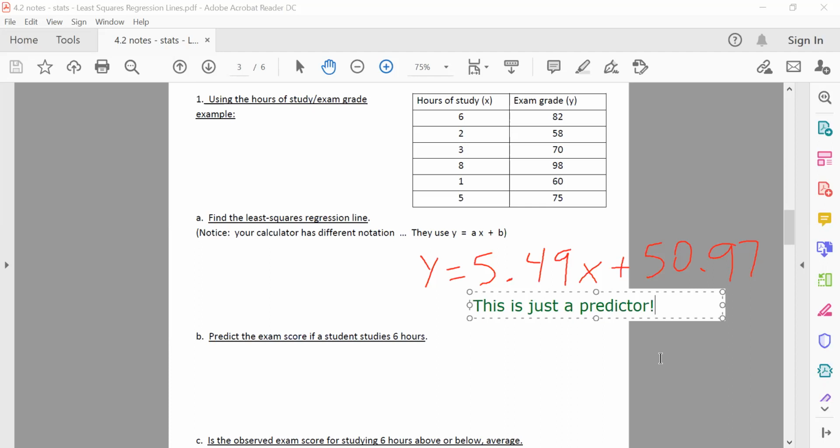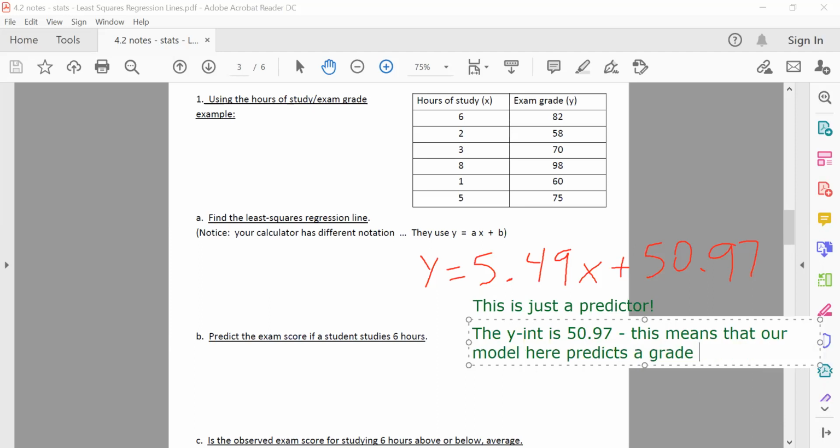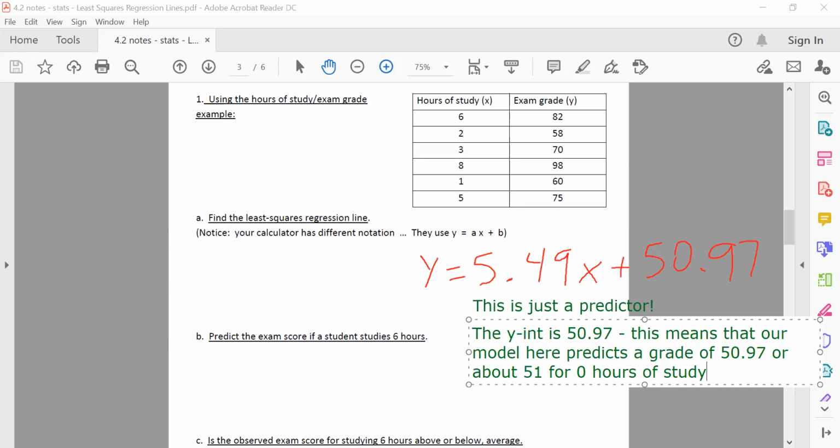So for instance, the y-intercept here is 50.97. This means that our model predicts a grade of 50.97, or about 51, for 0 hours of study.